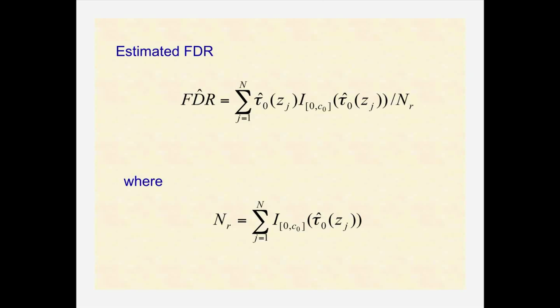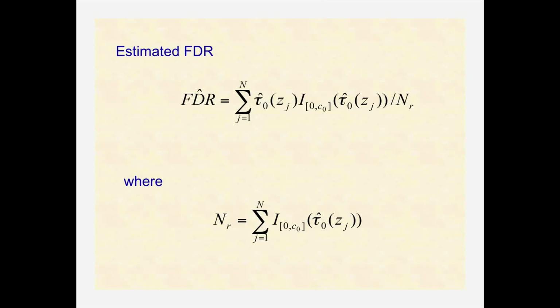Now, once we've fitted those mixture models, we can find these estimates of the false discovery rate. This notation looks a bit involved for this time of the morning, but this is the indicator function, and it's 1 if the argument falls in this interval. So to get an estimate of the false discovery rate, we sum over all genes.